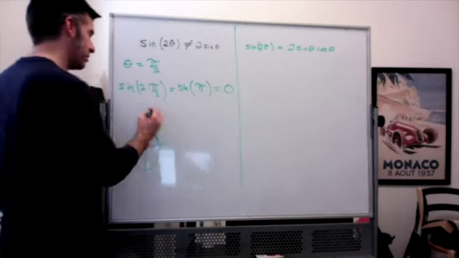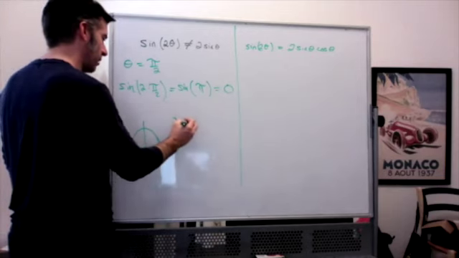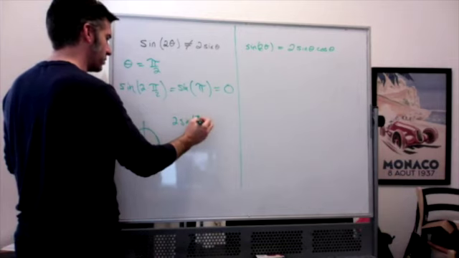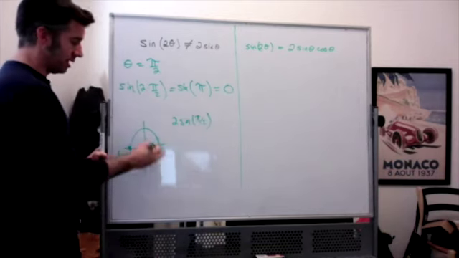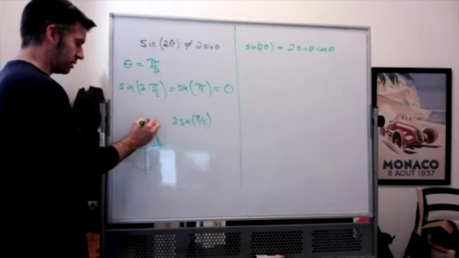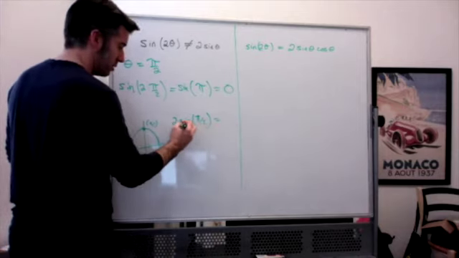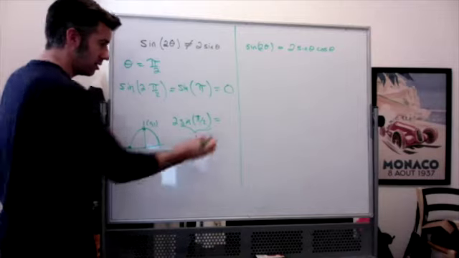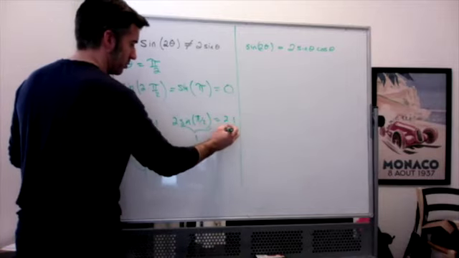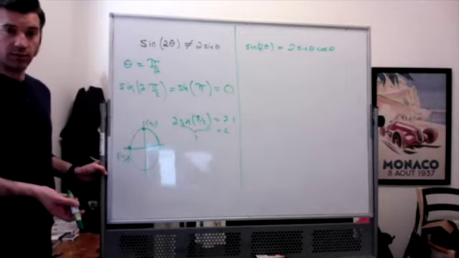On the other hand, 2 times sine of pi over 2, sine of pi over 2 is up here at 0, 1. And sine of pi over 2 is going to be 1. So you get 2 times 1, which is 2. So these are not equal.